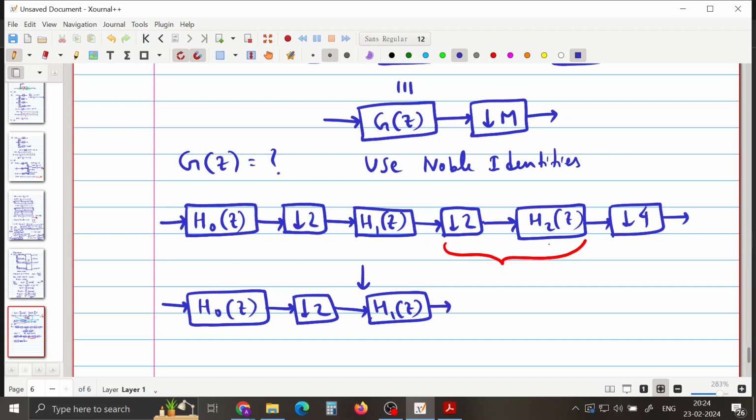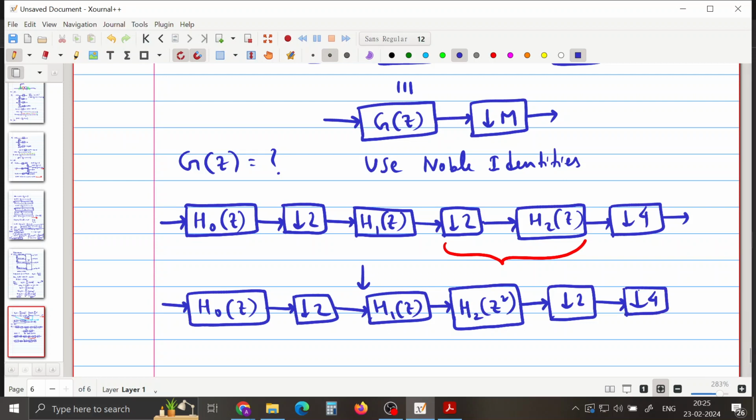Here this filter comes ahead and it gets modified to h2 of z squared, and now this downsampler goes after the filter and the last block as it is.